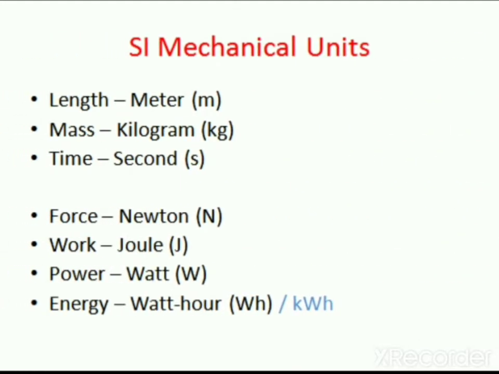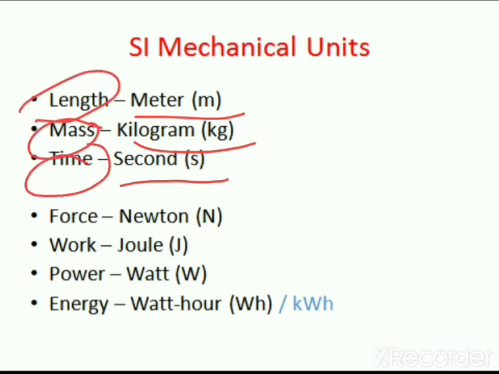Next is SI mechanical units. The three fundamental mechanical units in the SI system are meter, which is abbreviated as m, kilogram, abbreviated as kg, and second, abbreviated as s, and these are the units of length, mass, and time respectively.